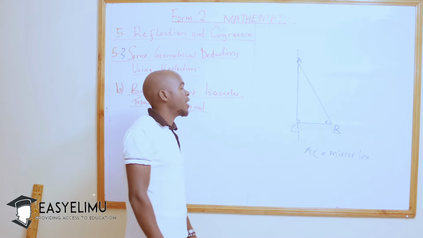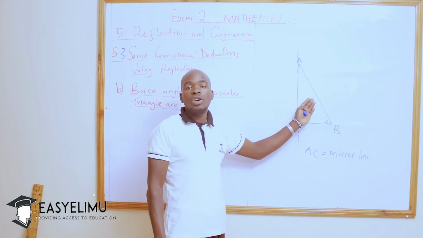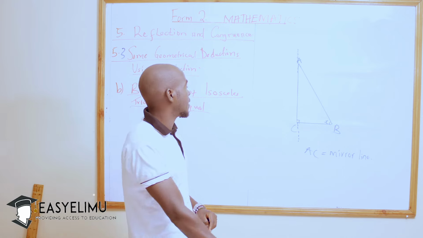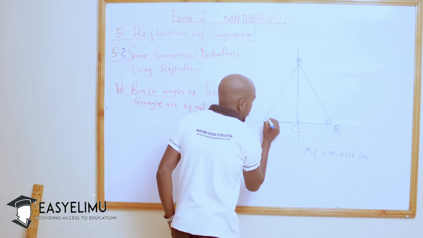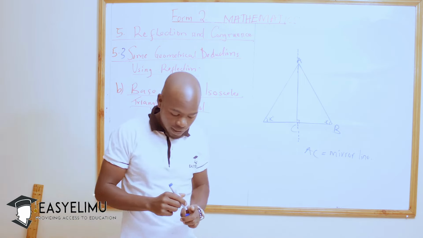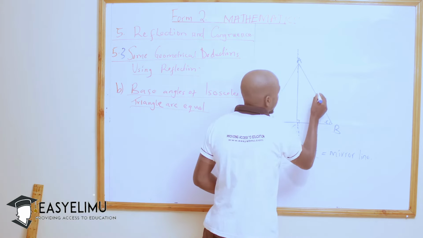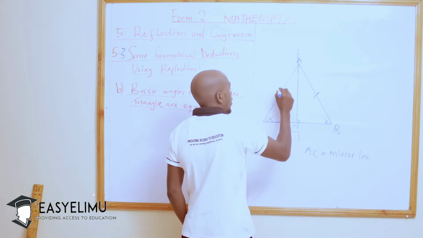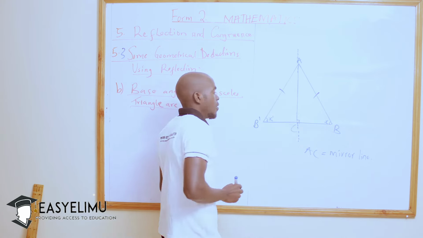You will find out that the reflection will occur, and this triangle here will be reflected into the other side. And this angle becomes our angle X prime because it has been reflected to that side. And also the side here will be reflected to the other side, and this one becomes B prime.